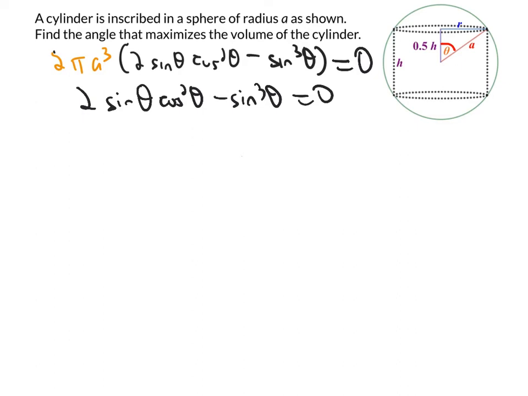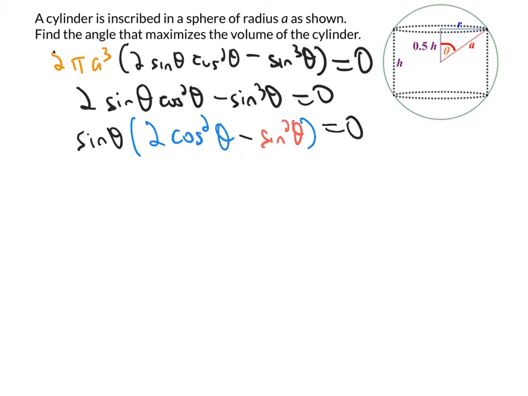It usually helps to factor things out, so we'll pull out sine of theta times something else. And we have on the inside 2 cosine squared theta minus sine squared theta. And of course still equal to 0.